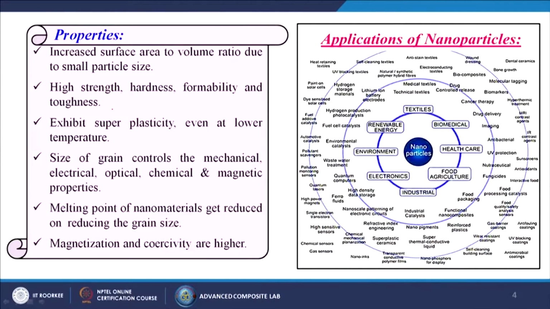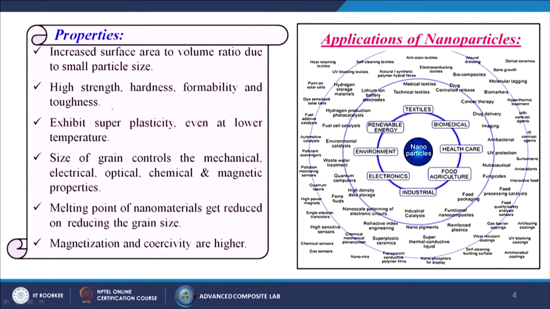Increased surface area to volume ratio due to the small particle size; high strength, hardness, formability and toughness; they exhibit superplasticity even at lower temperature. Grain size controls the mechanical, electrical, optical, chemical and magnetic properties. The melting point of nanomaterials is reduced on reducing the grain size. Magnetization and coercivity are higher in this case.